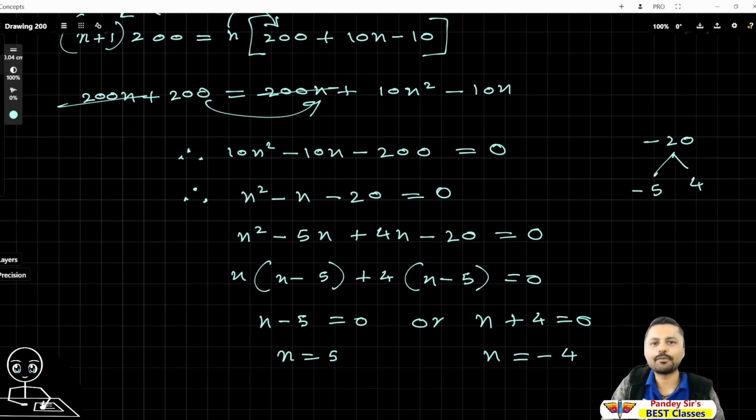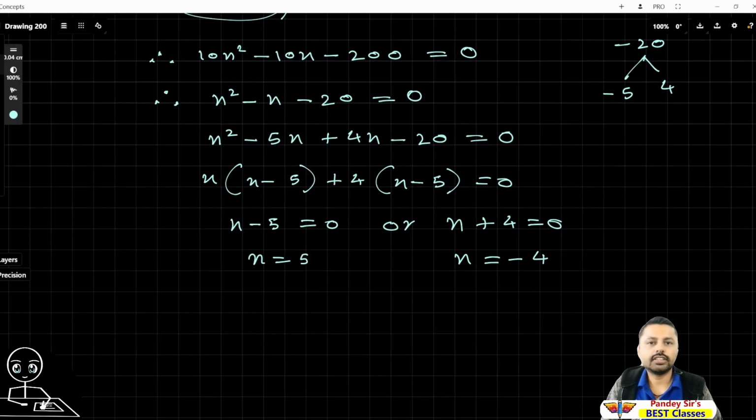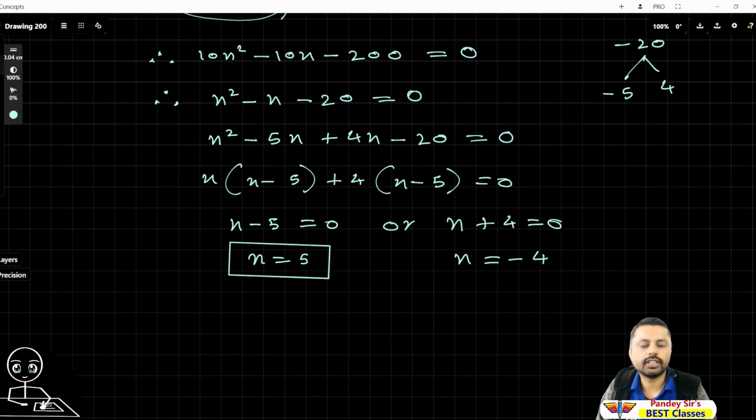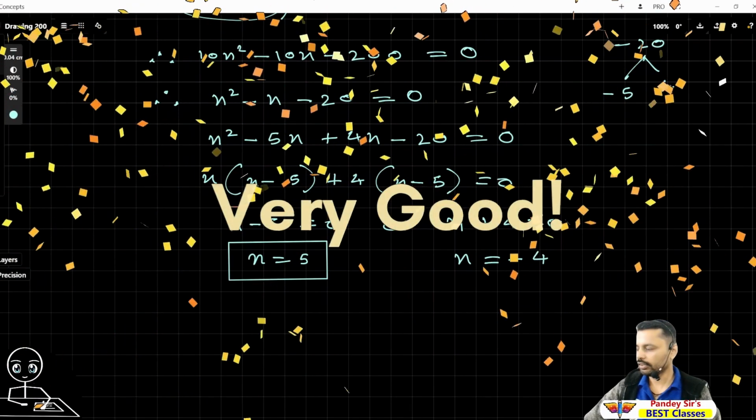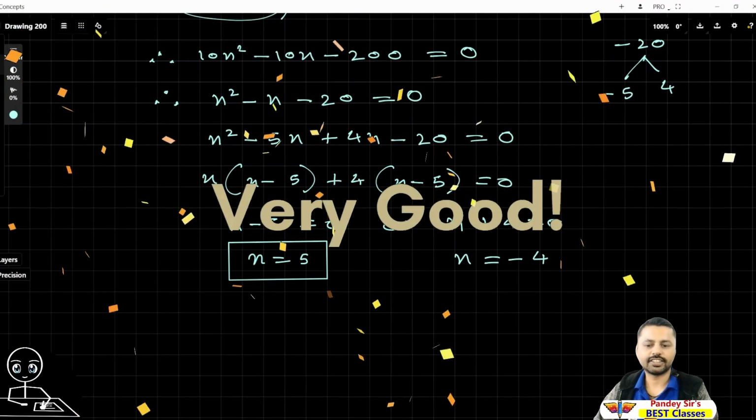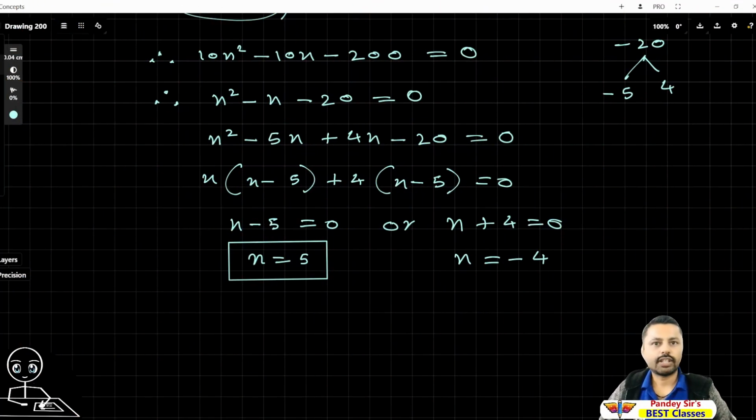So quadratic, AP, all chapters are there in this, but the main thing is here n is time, how many minutes he ran, so it can't be minus, and therefore our time n is 5. So police caught him in 5 minutes. Okay, so this is the answer. Now let's find out the total distance. So 5, and the thief was going for n plus 1, so 6. So total distance they traveled was 600 meters.